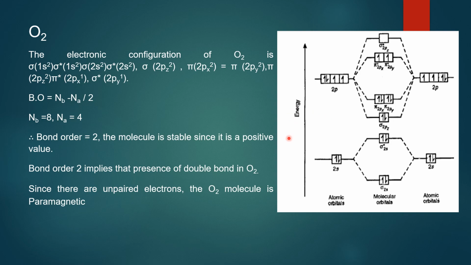By the overlapping of 1s atomic orbitals, which generates two molecular orbitals, sigma 1s with 2 electrons and sigma star 1s with 2 electrons. By the overlapping of 2s atomic orbitals of both the oxygen atoms, which generates sigma 2s with 2 electrons and sigma star 2s with 2 electrons.